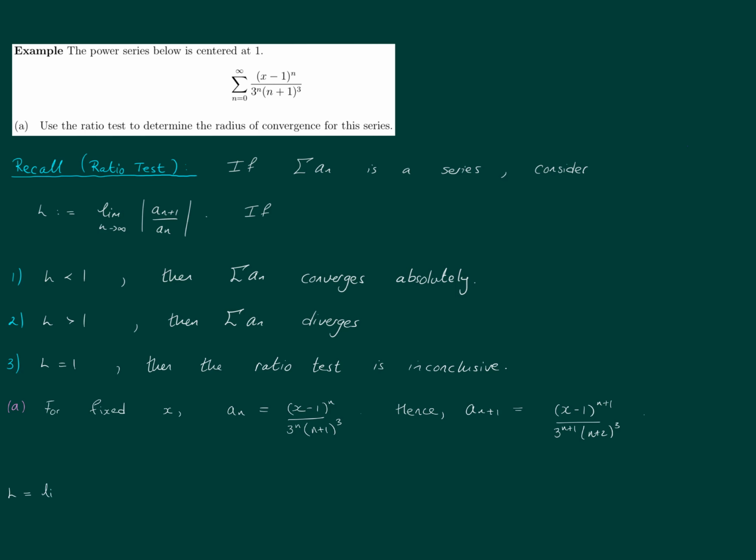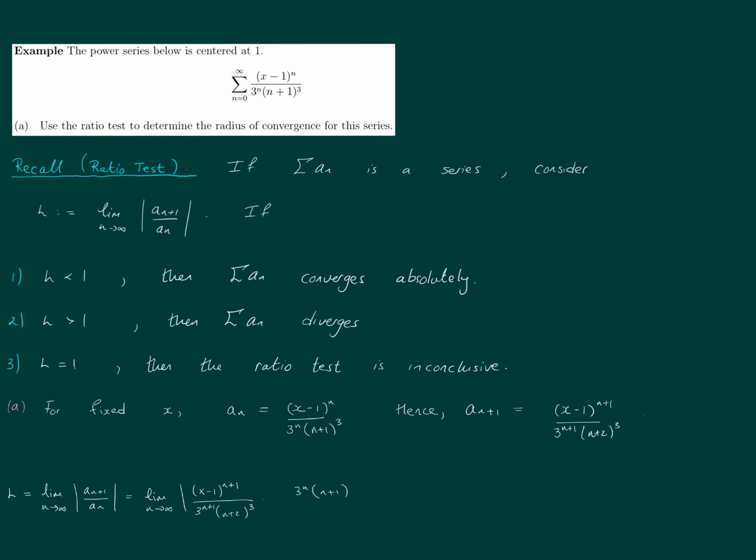Okay, so L is going to be the limit, as n goes to infinity, of an plus 1 over an. Now remember, if you're dividing by a fraction, it's the same as flipping it and multiplying by it. So we're going to have (x minus 1) to the n plus 1 over 3 to the n plus 1 times (n plus 2) cubed times, and now flip an.